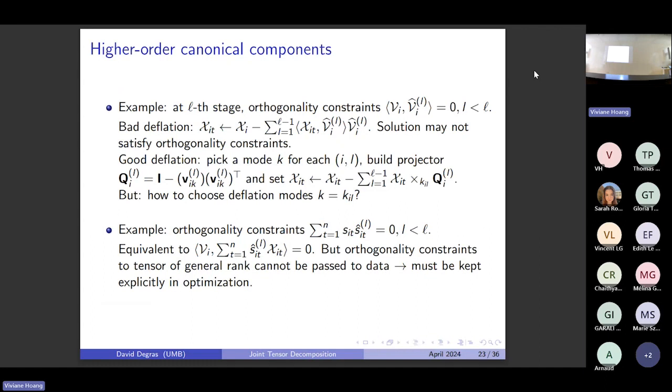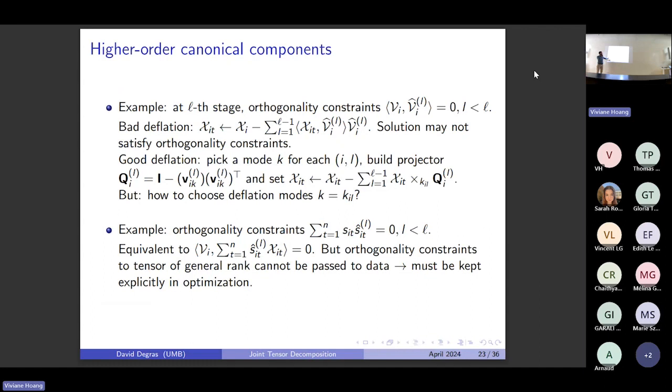Let me see if I can remember. Is it because you have your original space that you assume to be separable, and so you have your tensor constraints, and then when you modify the space by deflating, you want to still have that, so you put the constraints to emphasize that?